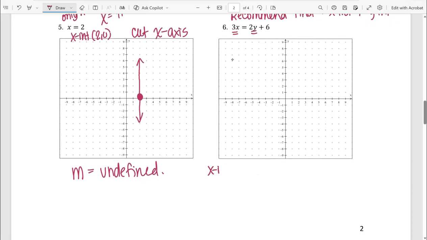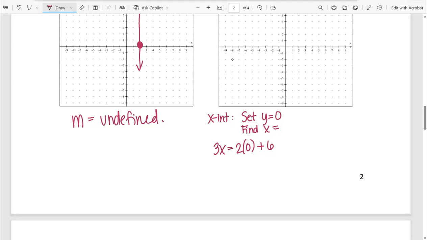To find the x-intercept, that's when I set y equal to 0, and I find the x that goes with it. So I have 3x equals, rather than 2y, I have 2, plug in 0, plus 6.